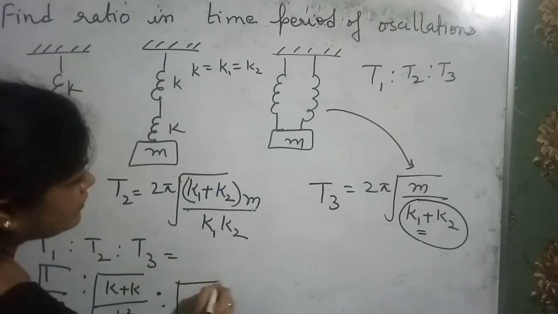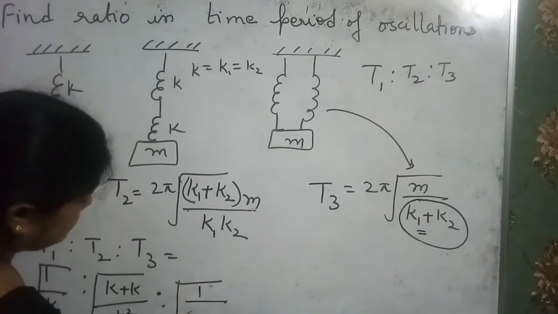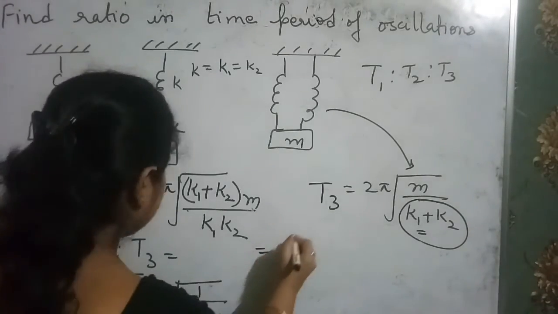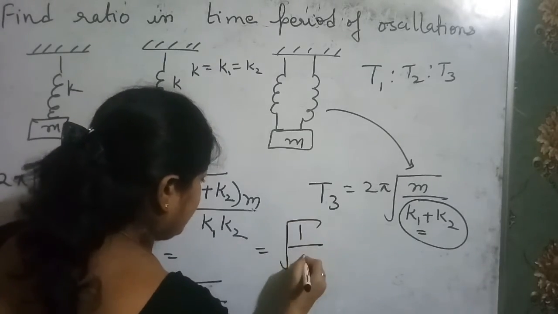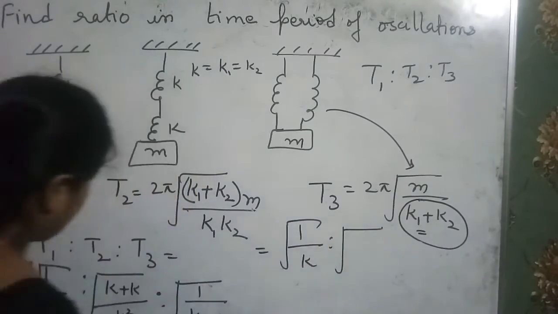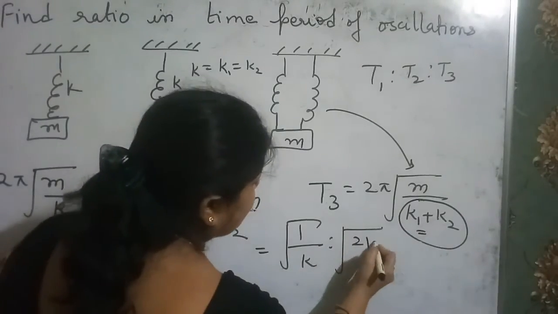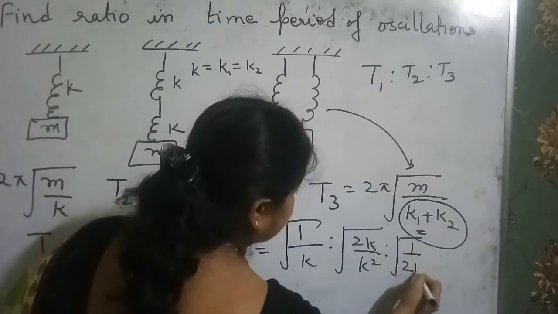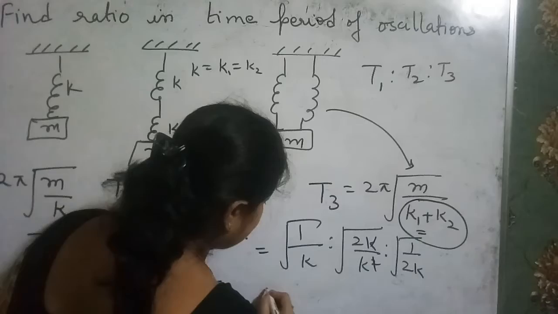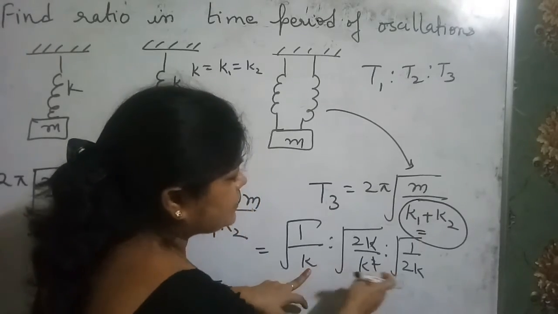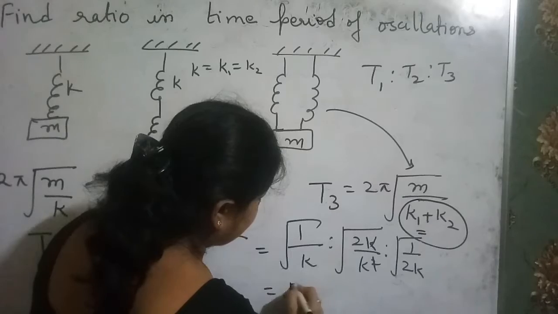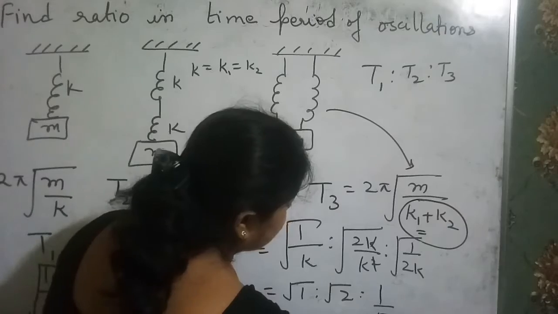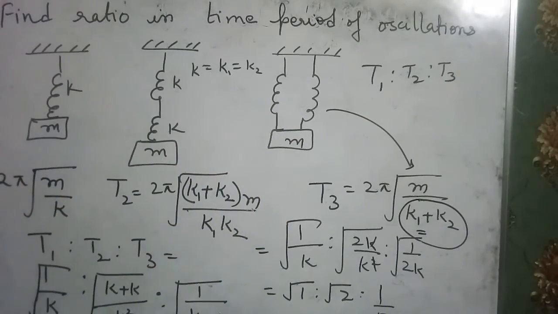And for T3 we have 1 over K plus K. Now we get 1 over K, then 2K by K square, and 1 over 2K. Now this K gets cancelled. So if we take K as 1, then we get the ratio 1 is to under root 2 is to 1 by under root 2. So this is the ratio in all three cases.